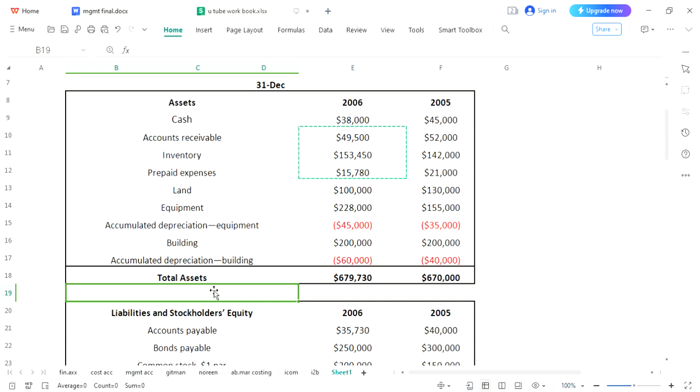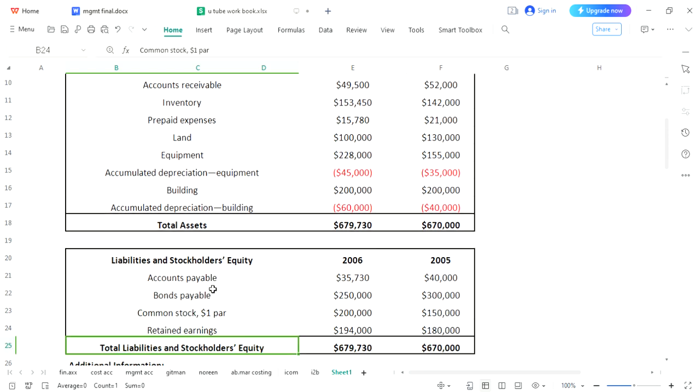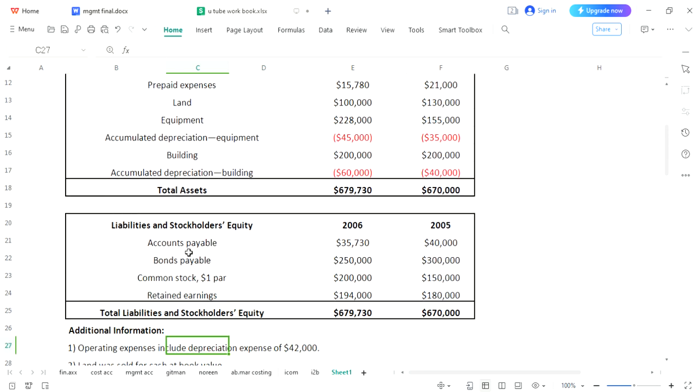So we are now directly going to the liability side. Now here you can see you will be deciding what are current liabilities. Account payable, yes, it's a current liability. Bonds payable, no. Common stock, no. Retained earning, no. So only one liability is a current liability. It means 40,000 opening.